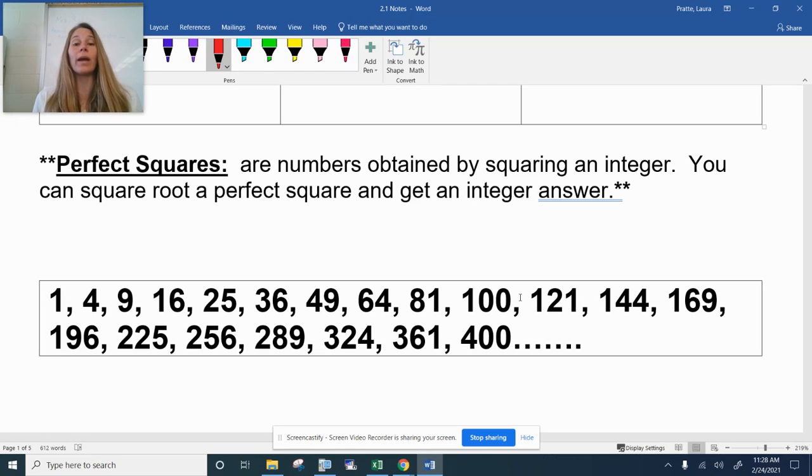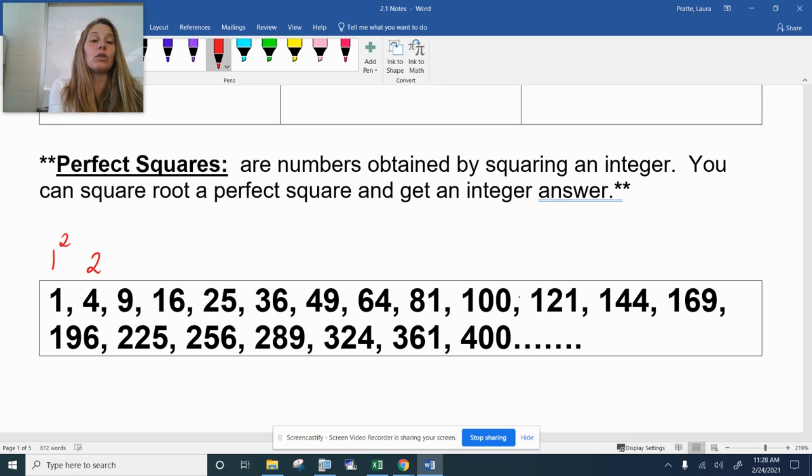Now, when you square any integer, so 1, 2, 3, 4, 5, 6, and so on, or any negative integers, so that would be -1, -2, -3, and so on, you always are going to have a positive answer, and that positive number is known as a perfect square because if you square root it, you're going to get a whole number or an integer. So, for example, if I did 1 squared or -1 squared, I would get 1.